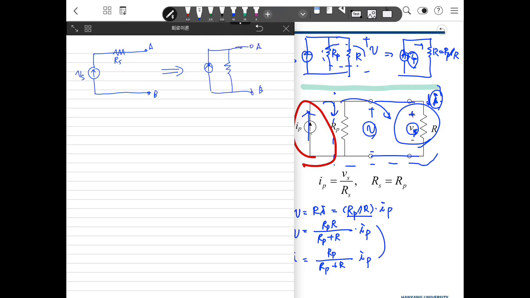You get A, B, then it says Ip and Rp. Here, Ip should be Vs divided by Rs, to make the two circuits the same. And Rp should be the same as Rs.